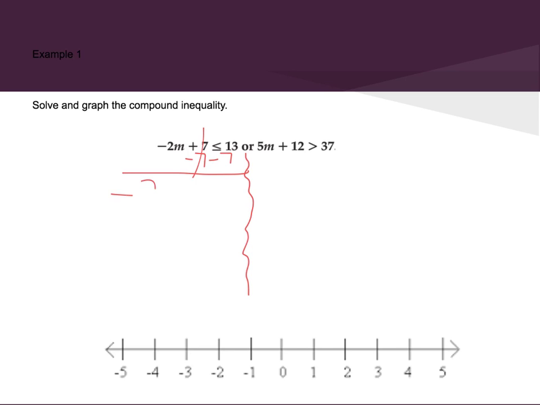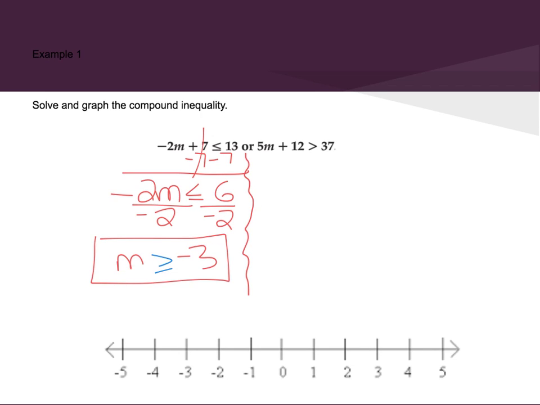And we have negative 2m is less than or equal to 6. We divide by negative 2, but remember when we divide by a negative, we switch the inequality symbol. So our first inequality is m is greater than or equal to negative 3. The variable is on the left-hand side, which is exactly where we need it to be.